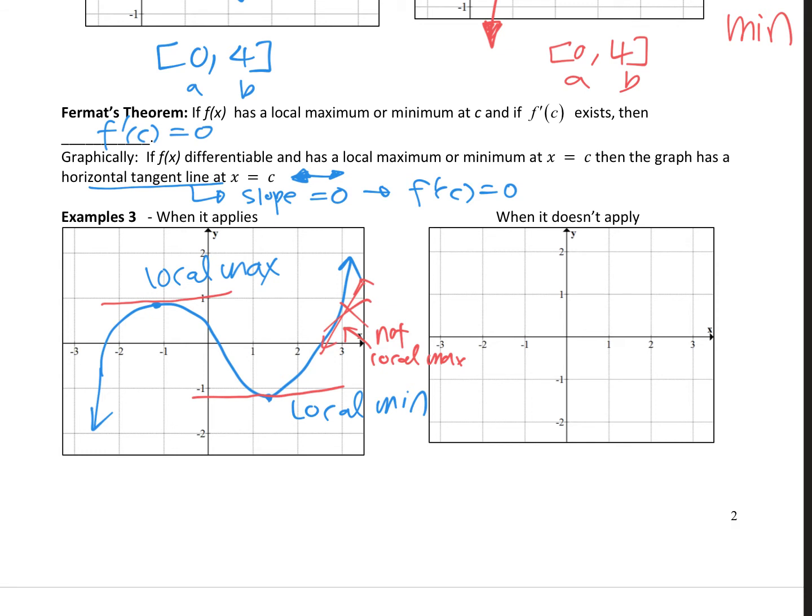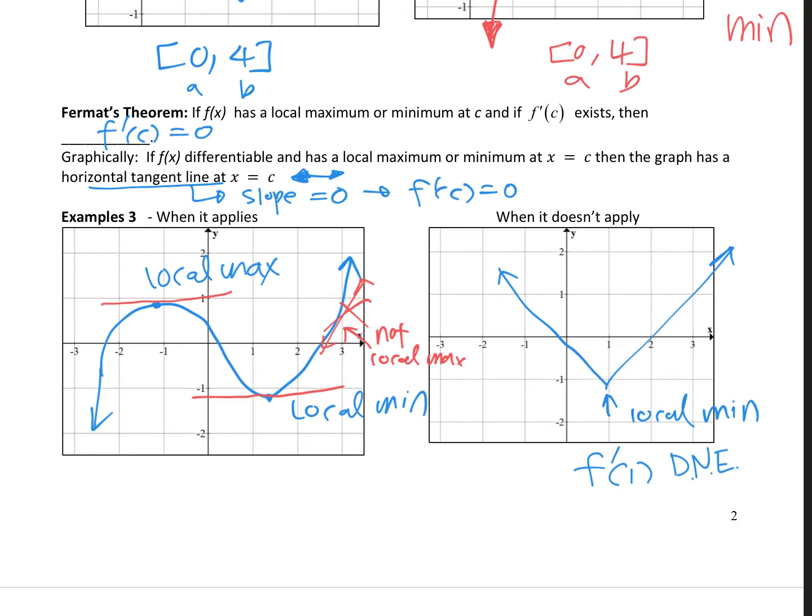When does it not apply? When the derivative doesn't exist at a certain point. Again, if I have a graph like this, there's a local min here, right? But then the derivative doesn't exist. f of 1 does not exist because it's not differentiable there, right?